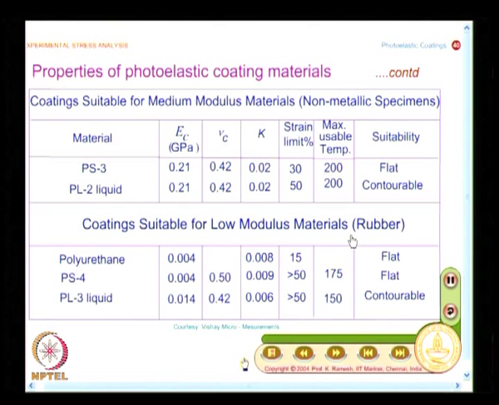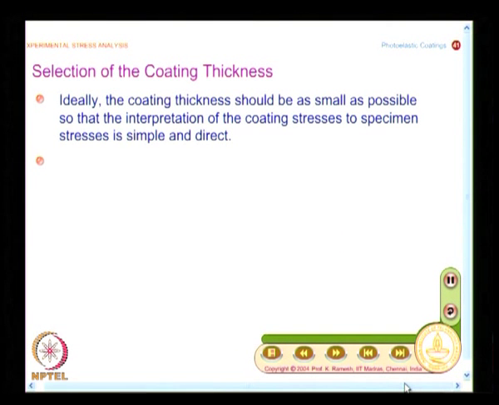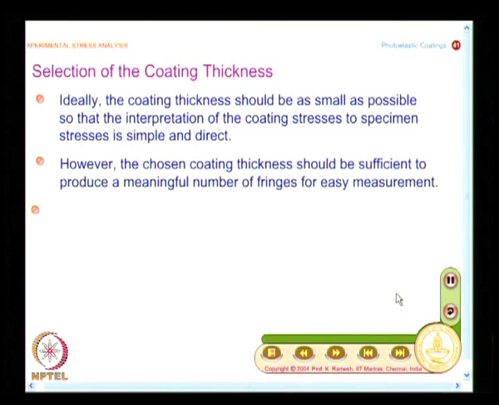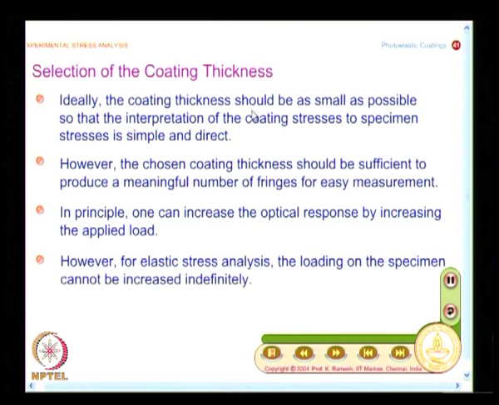And I also mentioned there is an issue of selection of coating thickness. Ideally, I want the coating thickness to be as small as possible. We said we want a very high value of K, then I can have the coating thickness as small as possible.